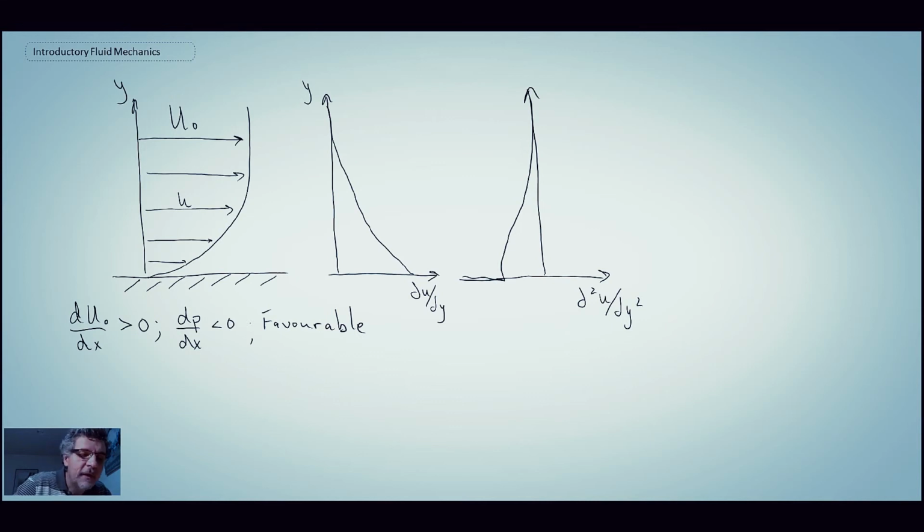So what we have here is a case of a favorable pressure gradient where dP/dx is less than 0. And this would be a case where we definitely do not have separation. And the point of inflection, if there is an inflection point, it would be within the wall.